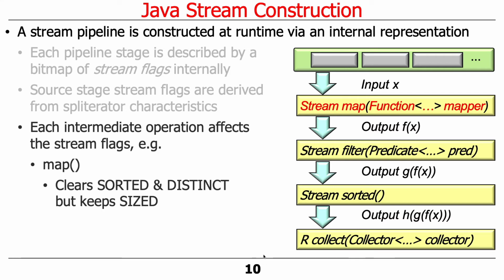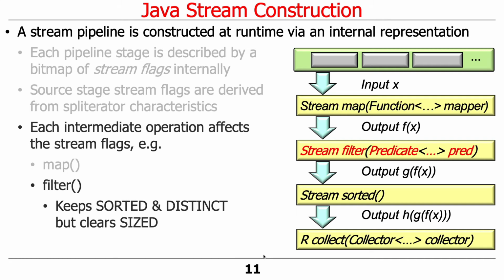So something that was sorted could be no longer sorted. Something that was distinct might no longer be distinct. You might have a map method that takes every odd number and replaces it with 0. I mean, kind of weird, but that would be an example of map taking something that was distinct and making it non-distinct. But map won't ever add any more items because remember, map's input and output element count must be identical.